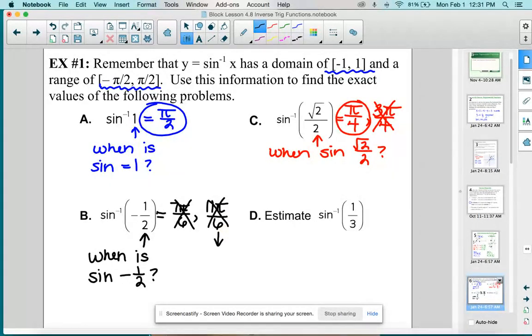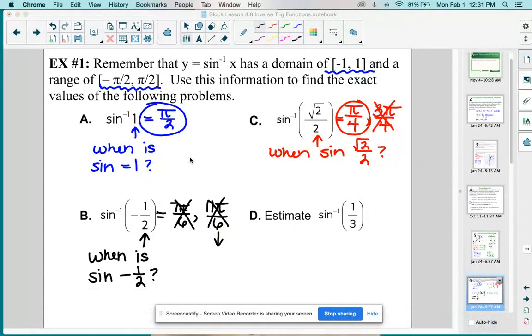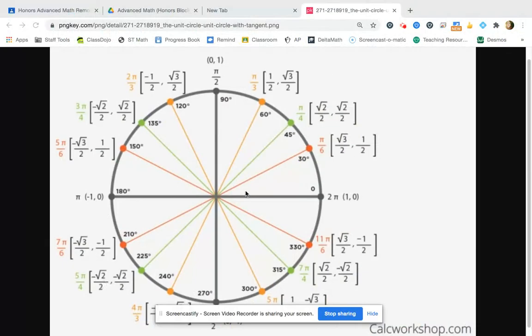Okay? Let me go back to the unit circle. Can you look at 11 pi by 6 one more time? 11 pi by 6 is right down here, right? Well, if we were to write this in a different way, we would be able to find an answer that does fit in the range values. We can use negative angle measurements to write different angles in a different manner.